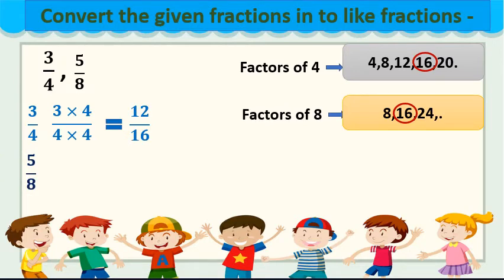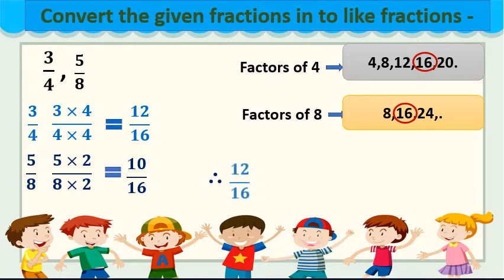Now we will move to 5 upon 8. Here 8 2s are 16. Correct? So we are going to multiply numerator and denominator by 2. Now here 5 2s are 10 and 8 2s are 16. So dear students, we have converted the given fractions into like fractions.